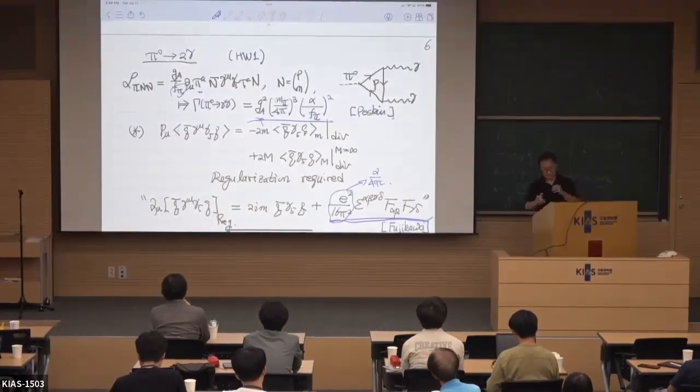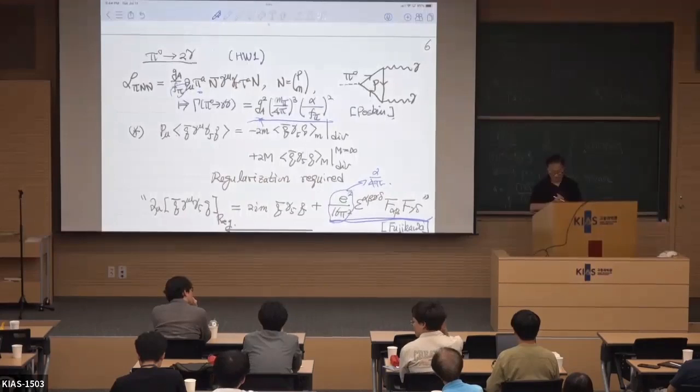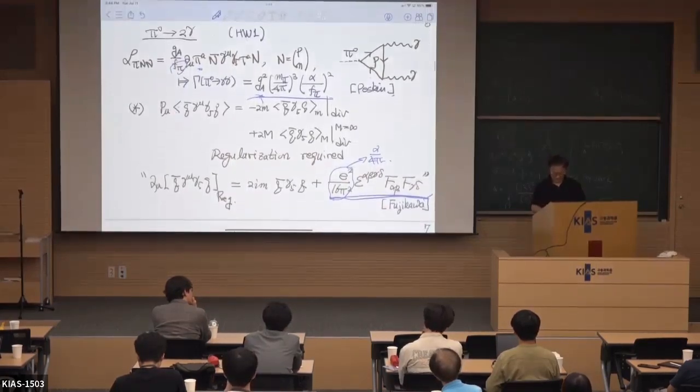But later, people realized that in a more proper way, you have to take g_A to be 1 for this anomaly diagram calculation.